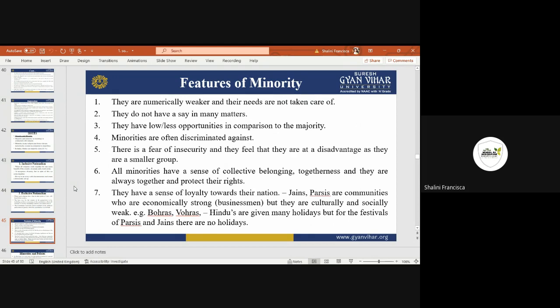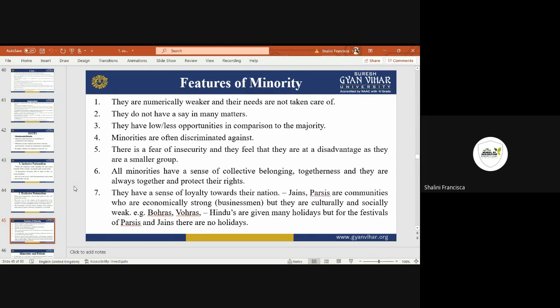So there are so many reasons for discrimination against minorities, due to which there is insecurity, like if I do this thing, maybe the other people, the majority people, will discriminate against us, and we will not be able to fight for our rights. A minority has a sense of collective belonging and togetherness, and they are always together and protest for their rights.